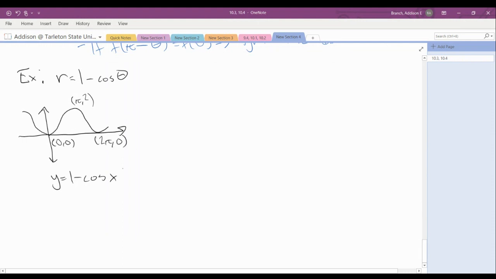And then we also have our midpoints as well. So we're going to have pi over 2, 1.